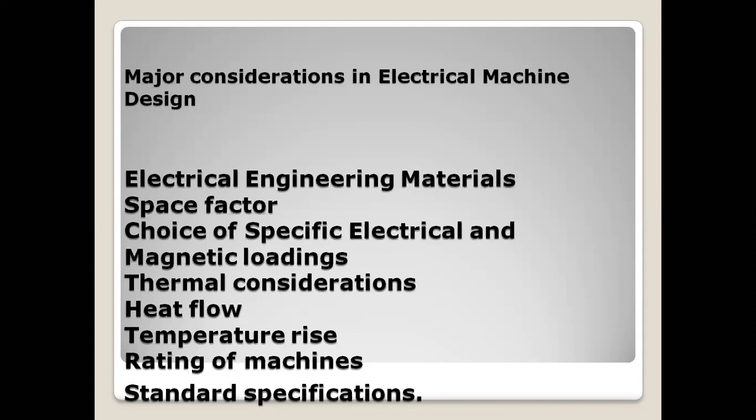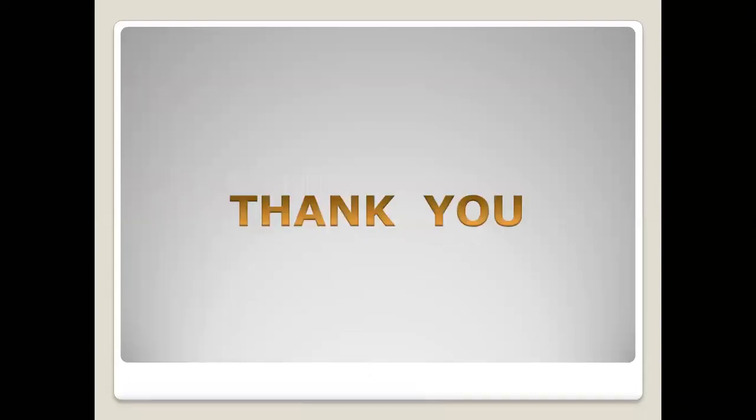Then you have heat flow, temperature rise, rating of the machine, and standard specification. These are the important points that you must keep in mind while designing a particular machine. We consider each and every point as we come to the design of the DC machine. So this is all about the design point of view.